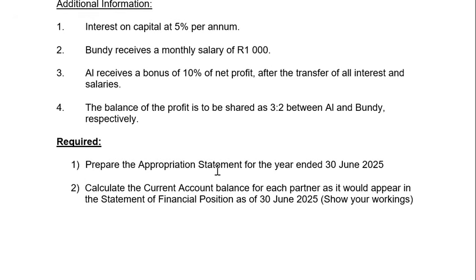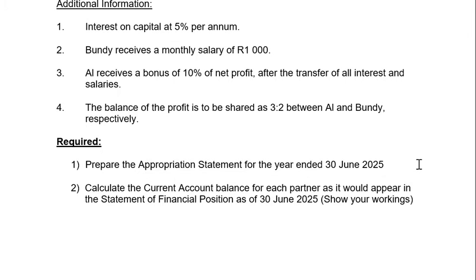This is what's required. Prepare the appropriation statement for the year ended 30th of June 2025. Calculate the current account balance for each partner as it should appear in the statement of financial position on the 30th of June. Show your workings. So we're going to show the appropriation statement for the year ended the 30th of June.